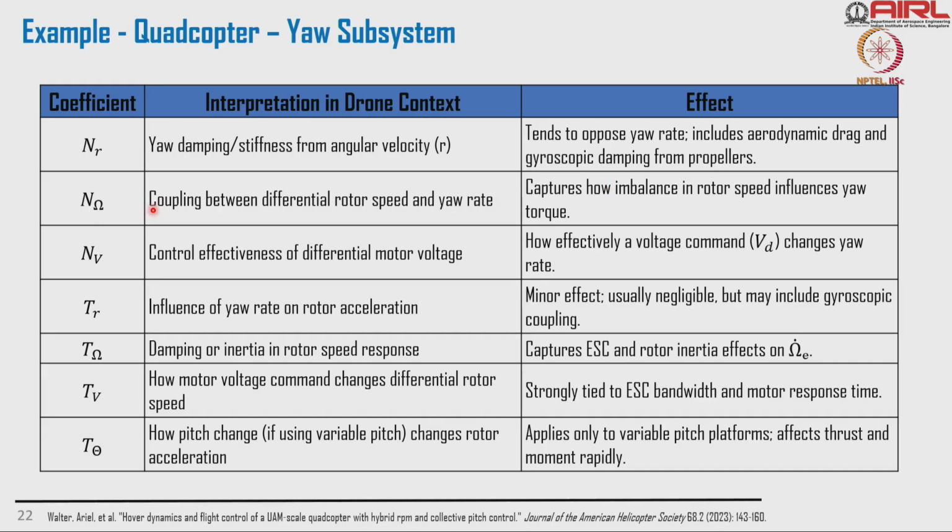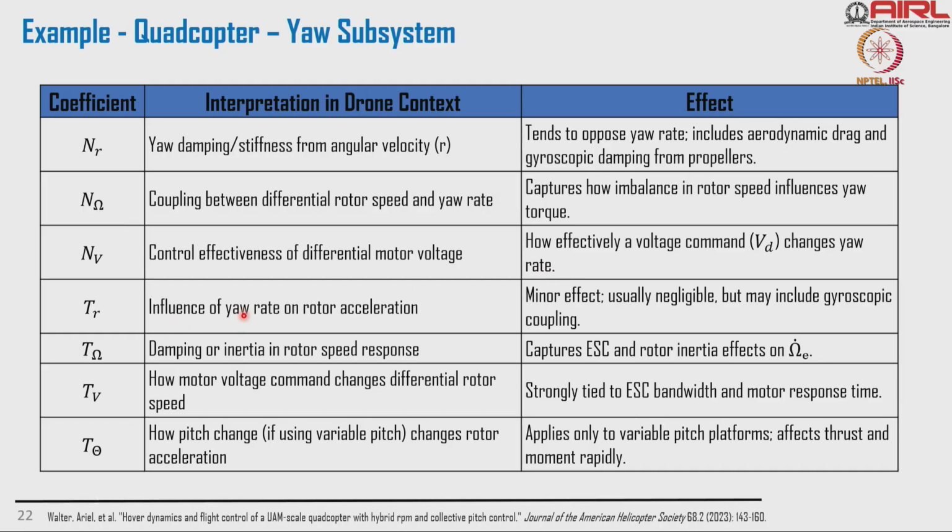N omega is a coupling between differential rotor speed and yaw rate. It captures how imbalance in rotor speed influences the yaw torque. NV talks about the control effectiveness of differential motor voltage, how effectively a change in voltage causes a change in RPM, which results in yaw rate.